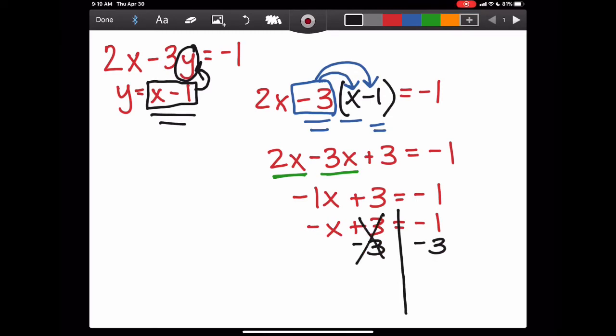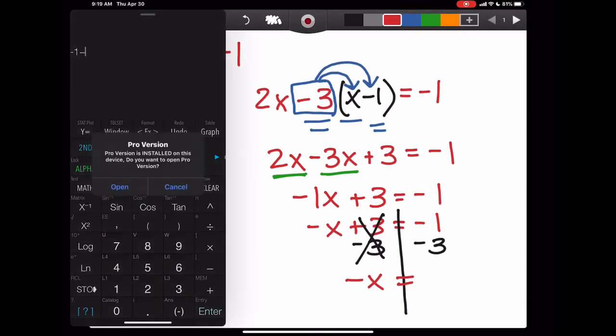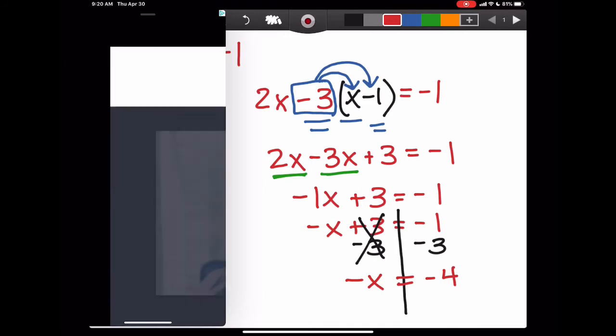These 3s cancel out because positive 3 minus 3 is 0. I'll be left with negative x equals negative 1 minus 3. Let's go to our calculator if you don't know. Negative 1 minus 3 gives you a negative 4. So I have negative x equals negative 4.